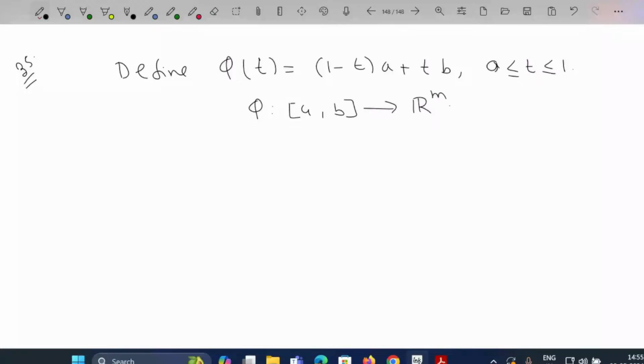Obviously (1 minus t)a plus t b is an element of E. That's my mistake.